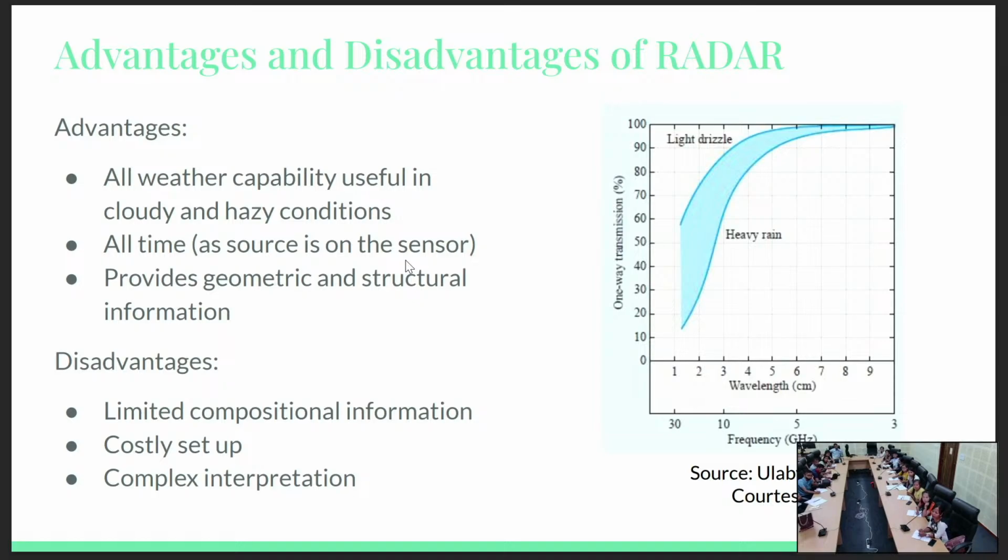Sorry, I am using a tough word, right? So this is a transmission, by the way. Transmission is going to be from 0 to 100. 100% transmitted means all the microwaves are allowed to pass. 0% transmitted means that they are not allowed to pass through the atmosphere.